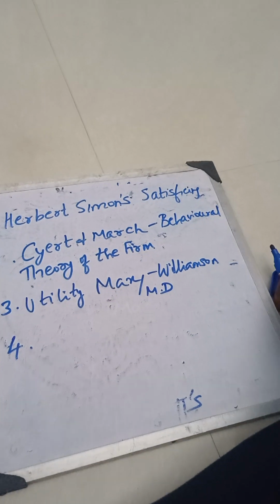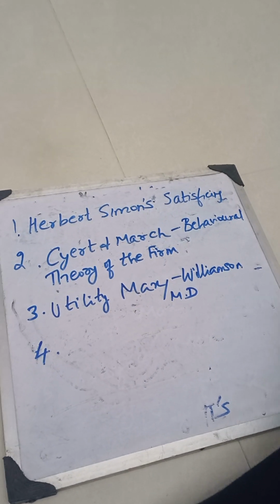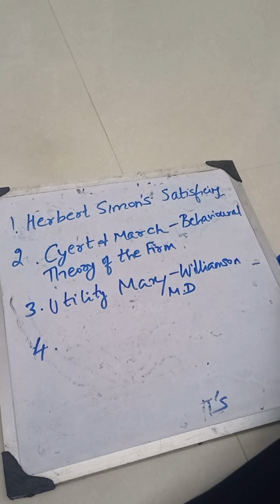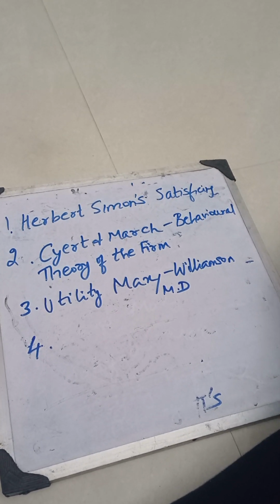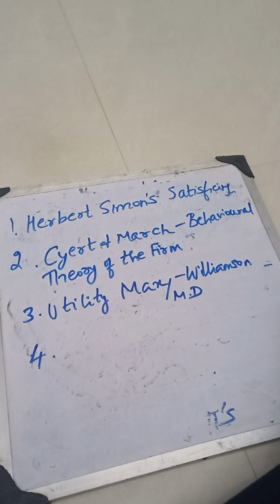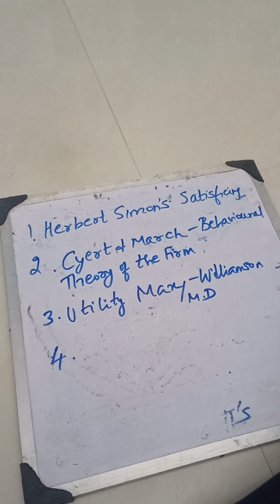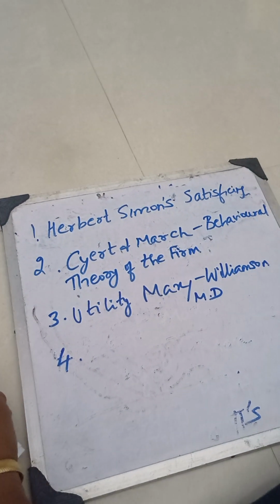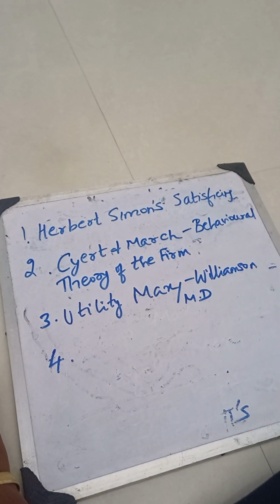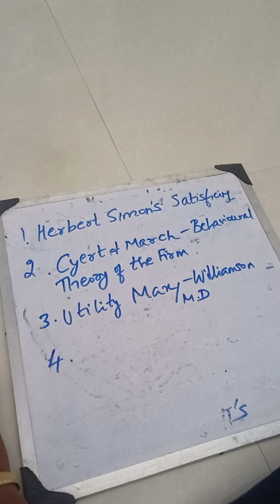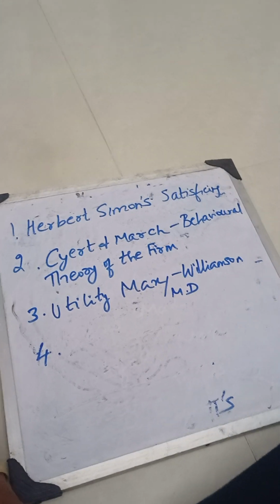He said that in large modern firms, shareholders and managers are two separate groups with different interests, and while shareholders want maximum return on their investment, managers want to have maximum perks. Therefore, the utility maximization model was given by Williamson, or it is also known as managerial discretion theory.